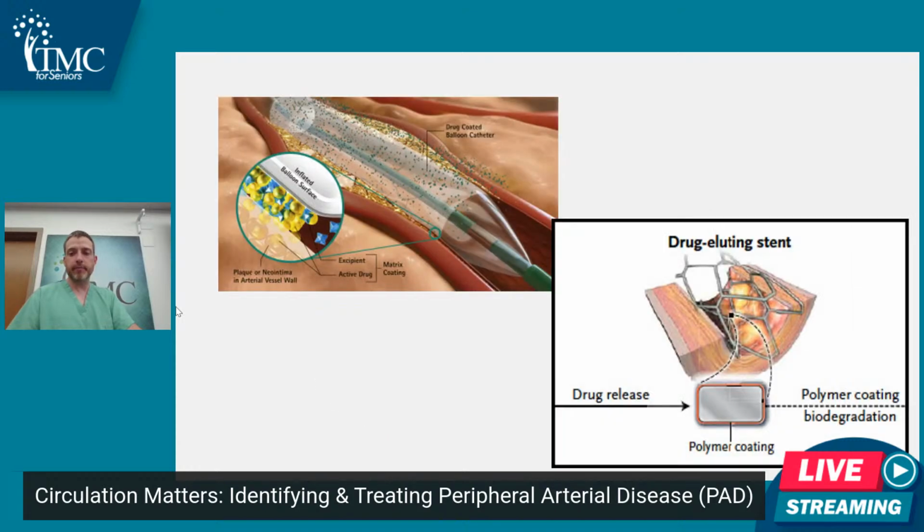There's other types of balloons and stents that are now administering medication, because one of the big things that we battle with is that whenever you're doing these interventions to the blood vessels, essentially you're causing an injury to the blood vessel wall.